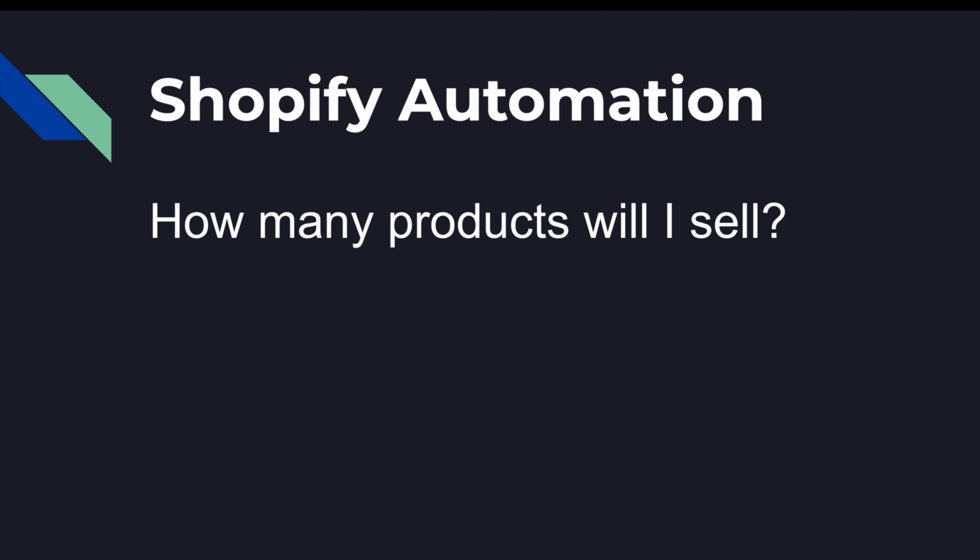How many products will I sell? As Javon stated earlier, we will add about 7 to 10 products a day. Multiply that by 7, you're looking at around 70 products a week. And with that being said, to be successful in this industry, on average, it takes about 100 to 200 products on your store to find that one winner, those two winners.